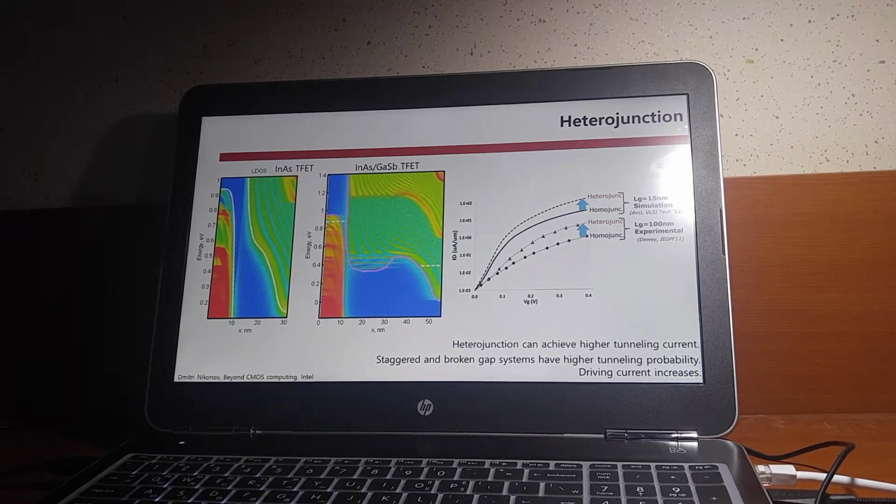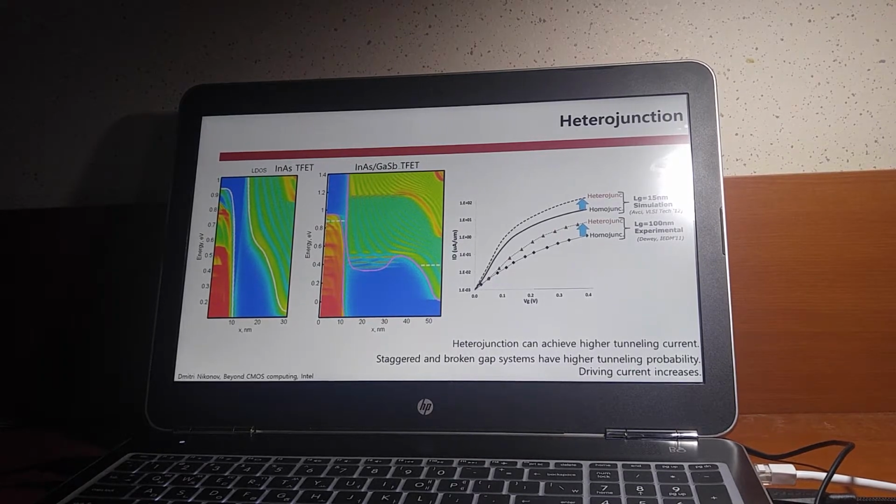And for the next page, if you see the left side of the TFET, we use indium arsenide. It has a thicker band-to-band distance, but the right side, with indium arsenide and gallium, the TFET has a thinner band distance.